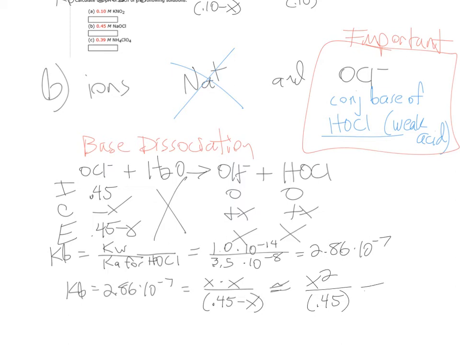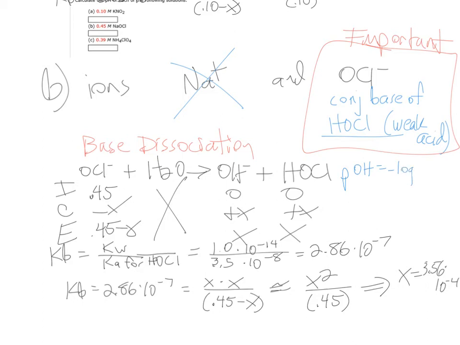When we go ahead and solve that, X works out to be 3.56 times 10 to the negative 4th. In the ice table, X was the hydroxide concentration.